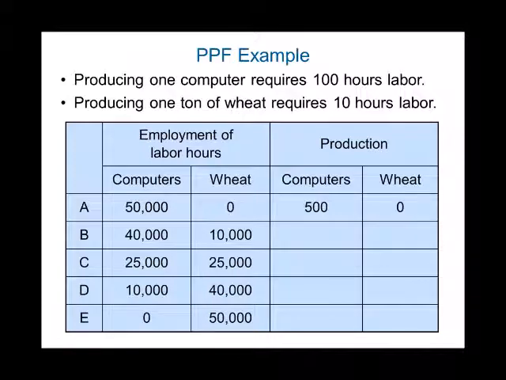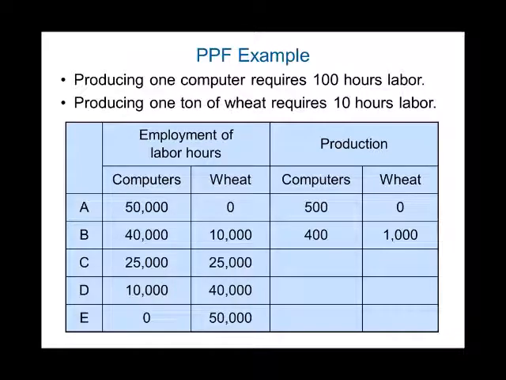If we use 40,000 hours to produce computers and one computer requires 100 hours of labor, then we can produce 400 computers and 1,000 tons of wheat.